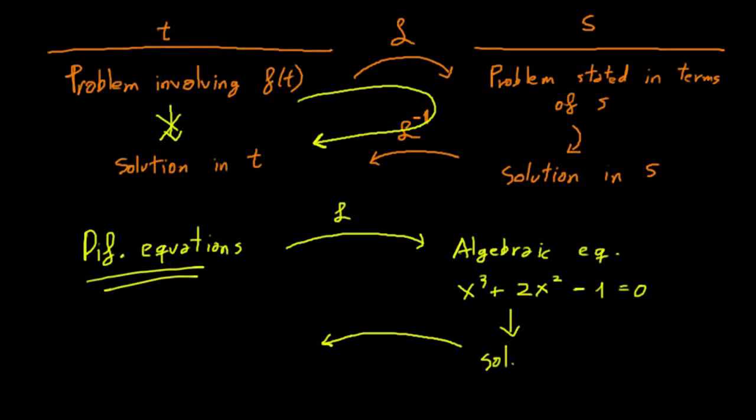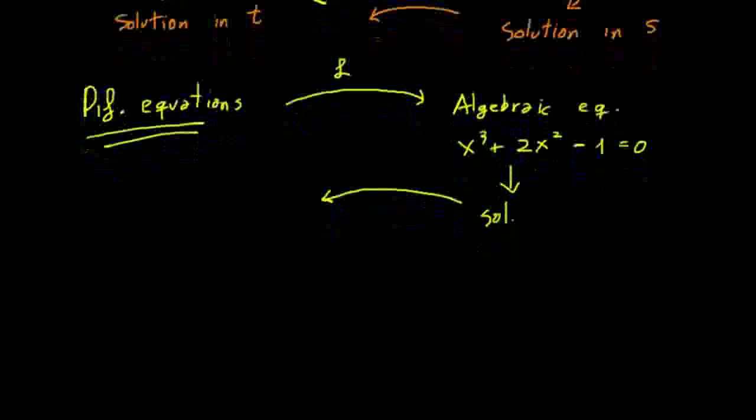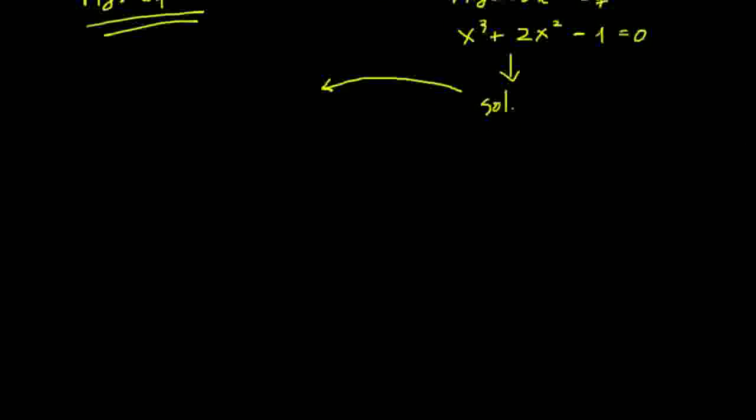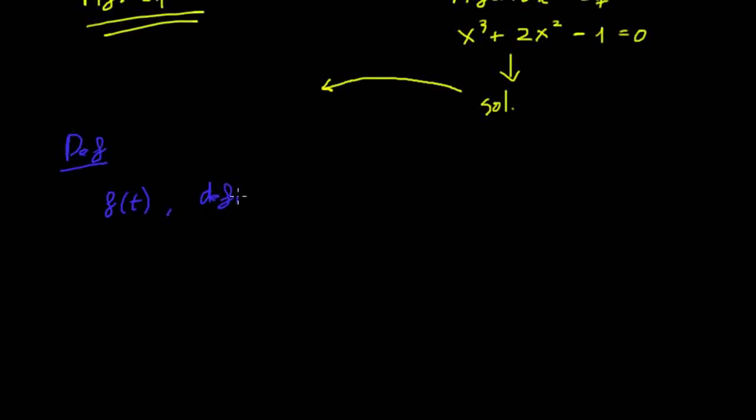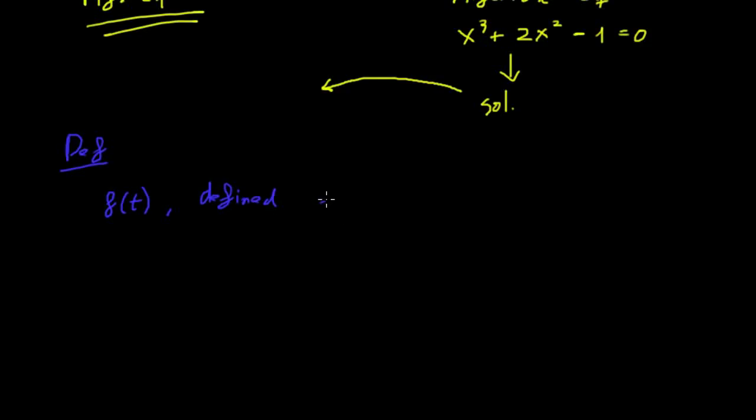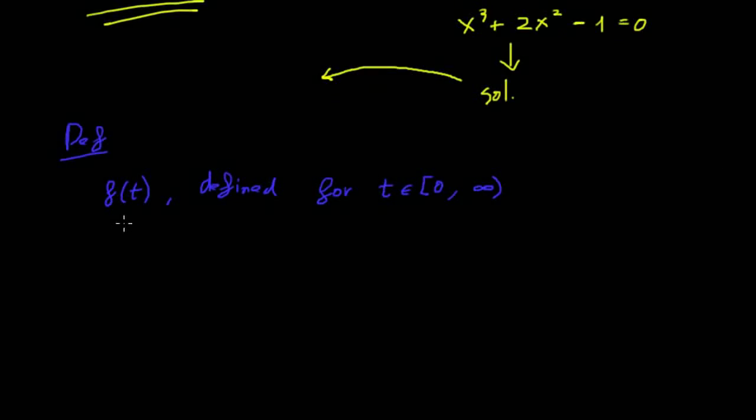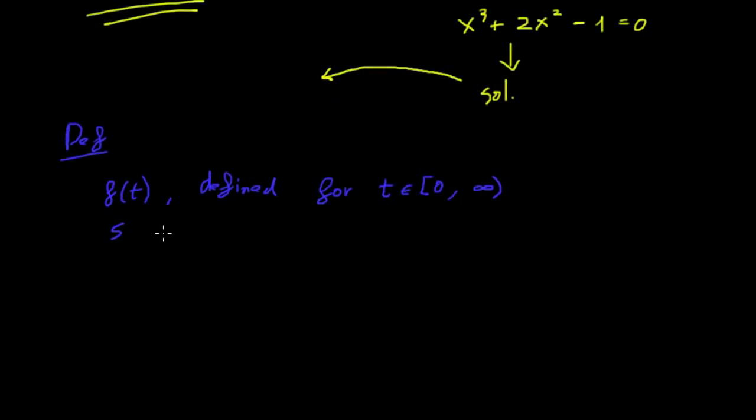Now that we know what we want the Laplace transform for, we can define it rigorously. Definition. Let's assume we have a function f of t defined for t in 0 to infinity, that is to say defined for all positive time, and we also have the complex variable s.